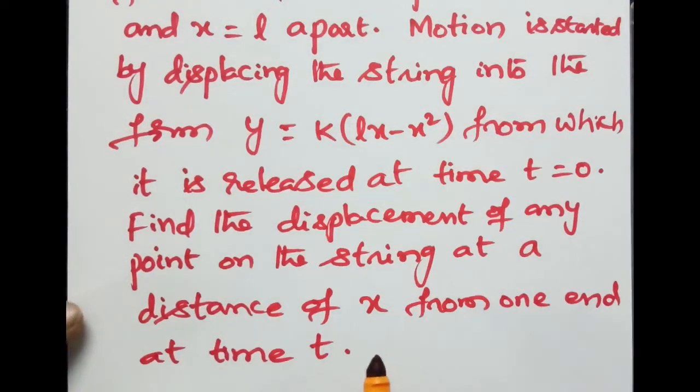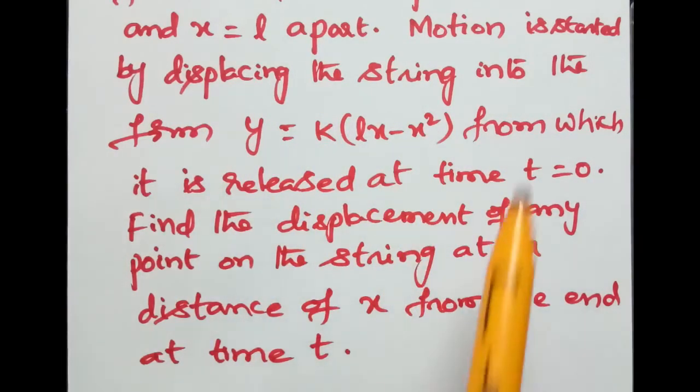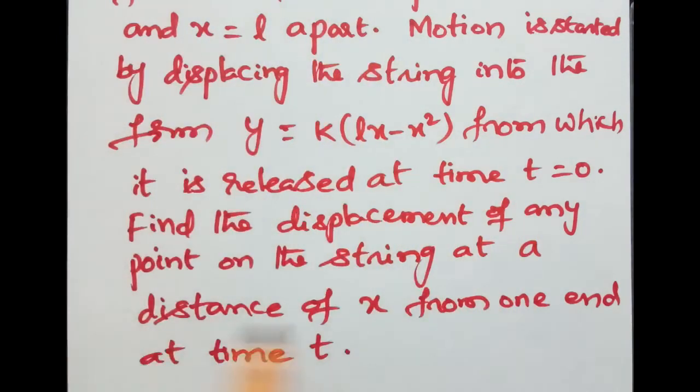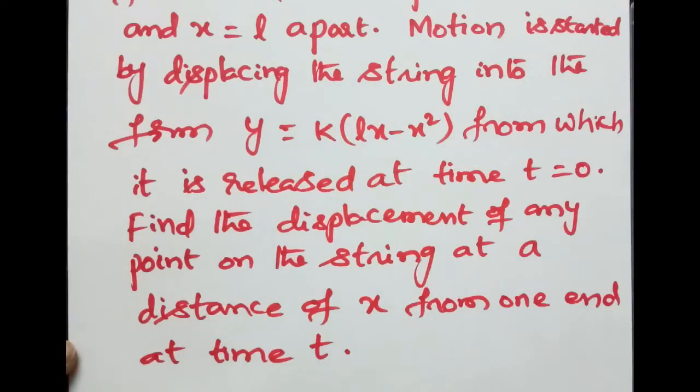So from this given problem, if you model this physical phenomenon, we get a partial differential equation. We know that is the one-dimensional wave equation, and we have initial and boundary conditions here. From the given problem, we have to write the initial and boundary conditions.